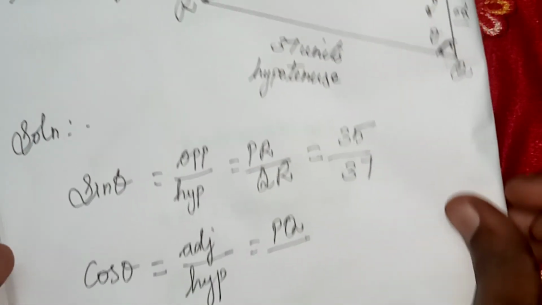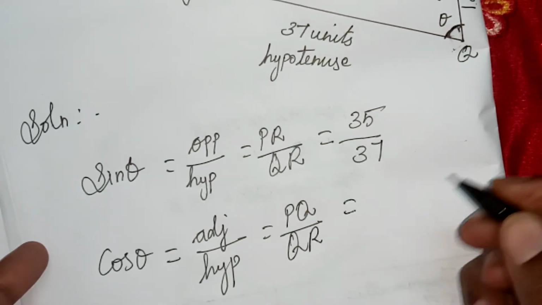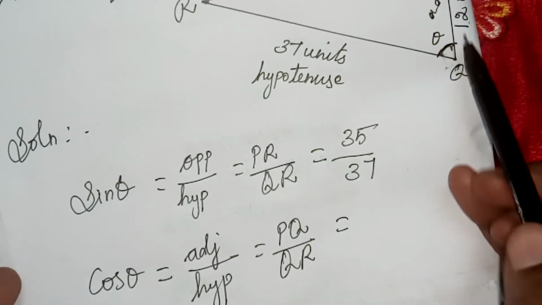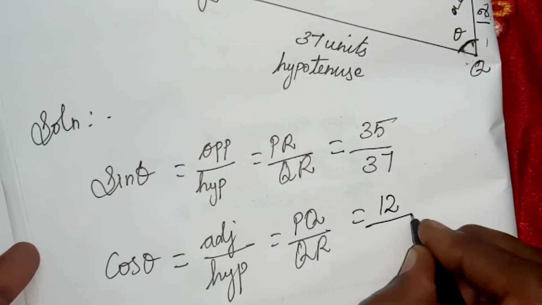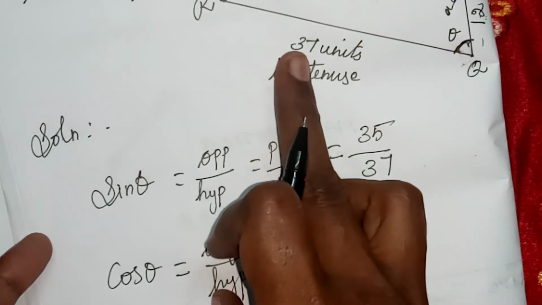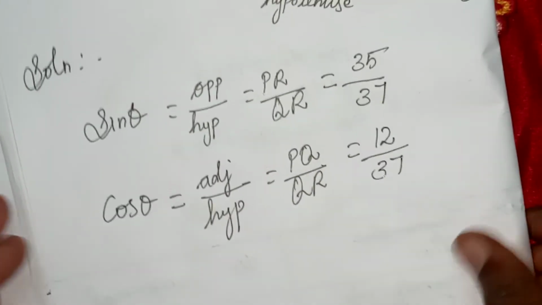The adjacent side is 12 units and the hypotenuse is 37 units, so it is 12 by 37.